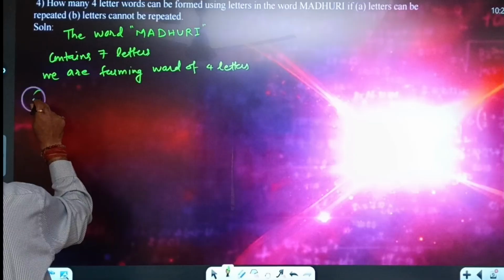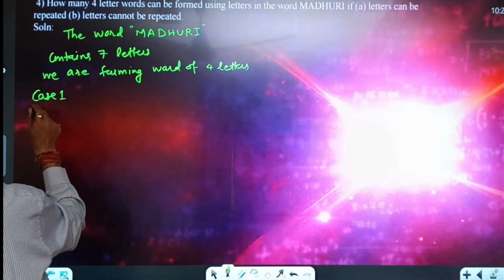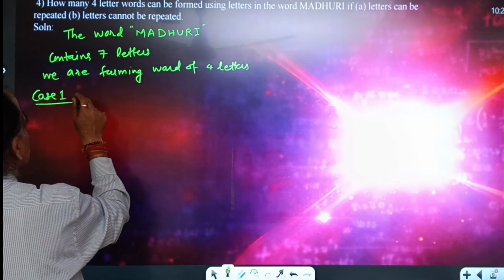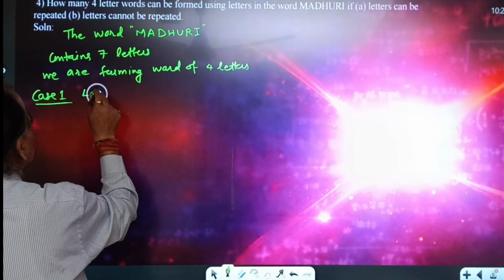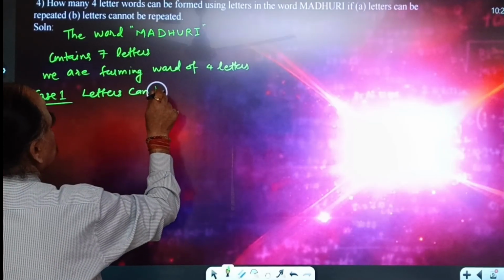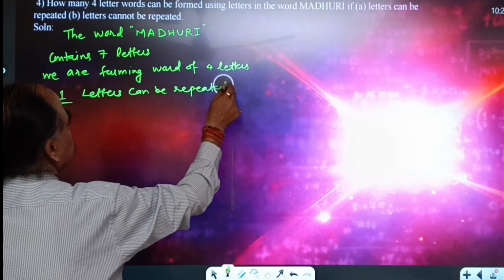Case 1. Repetition of letter is allowed. Letters can be repeated.